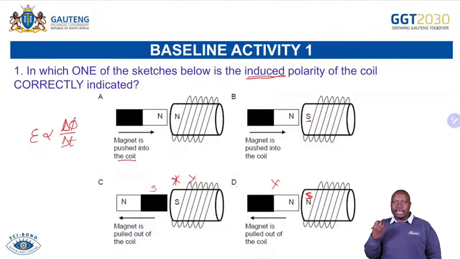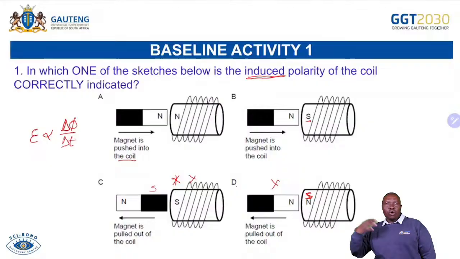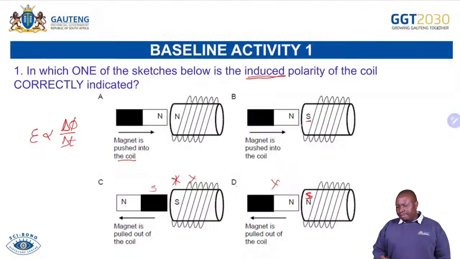It's saying come back. When it's going away, it says come back. When it's going towards, it becomes north. It says no, I don't want you to come. So that's what happens. You can see the north is approaching, we expect this to be north so that it can repel. So number B is wrong because when north approaches, the coil must be north.